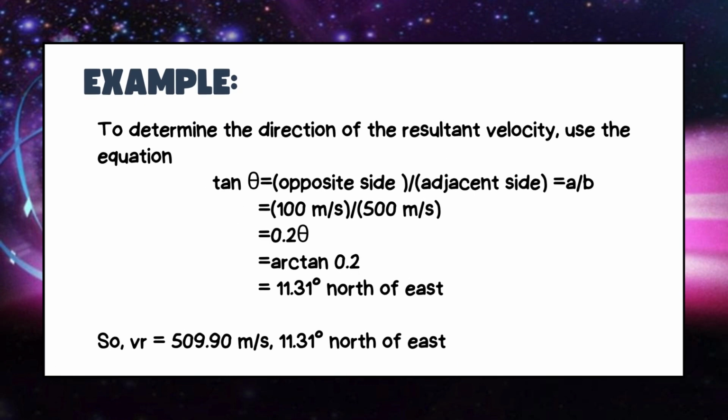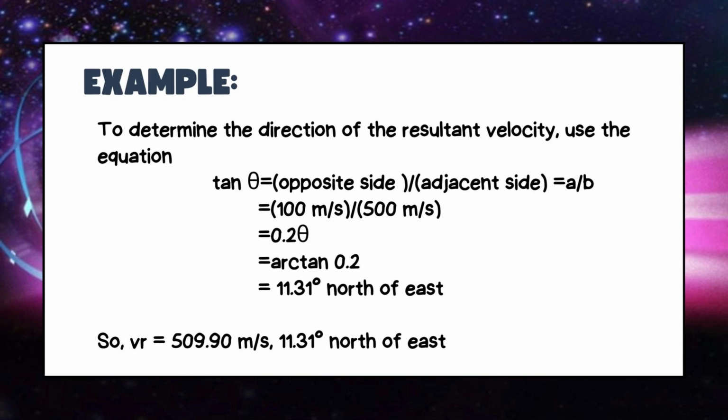To determine the direction of the resultant velocity, use the equation tan theta is equal to opposite side divided by adjacent side, or a divided by b. So, ngayon, isasubstitute ulit natin yung given, which is a sa 100 and b sa 500. 100 meters per second divided by 500 meters per second is equivalent to 0.2.